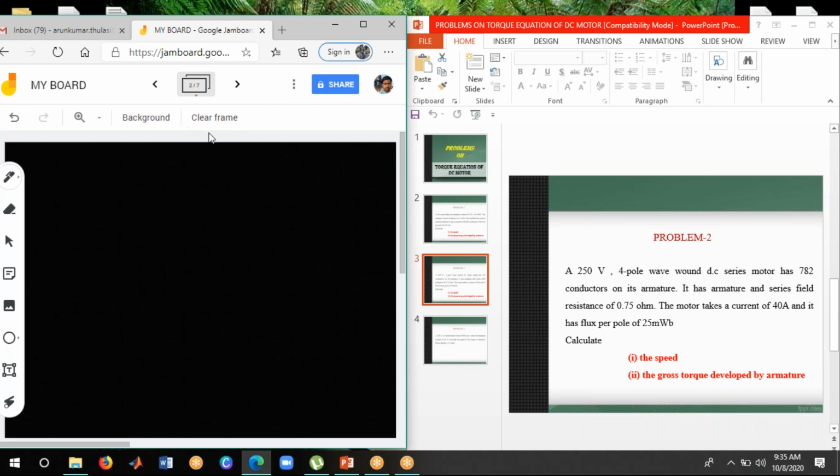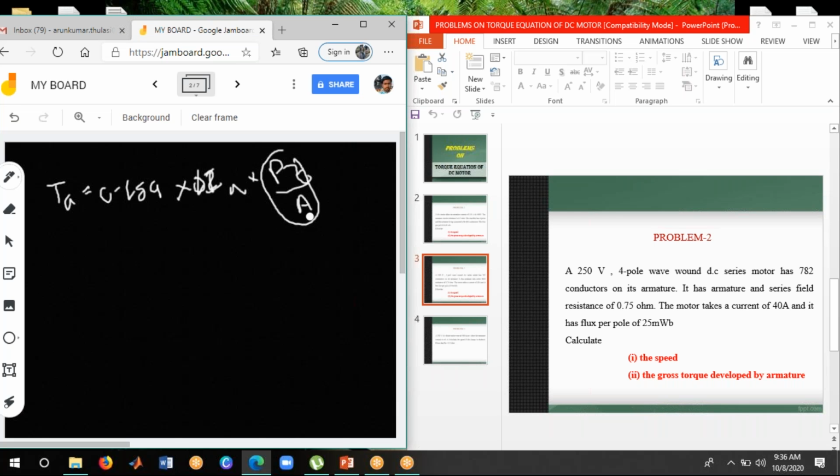So first of all, I am going to write the torque equation again. Armature torque is equal to 0.159 into phi Ia into PZ by A. So this is the general formula for armature torque, right? Now in this equation, this entire term is constant.